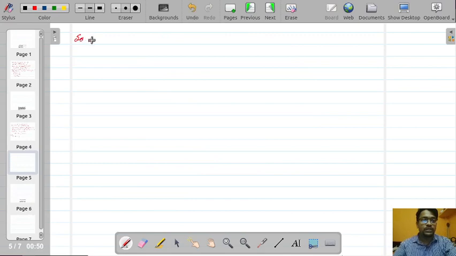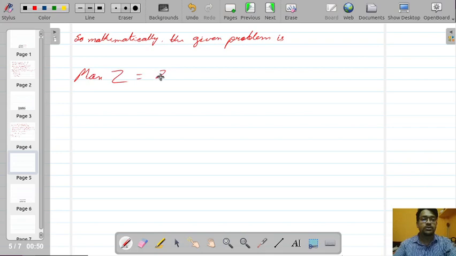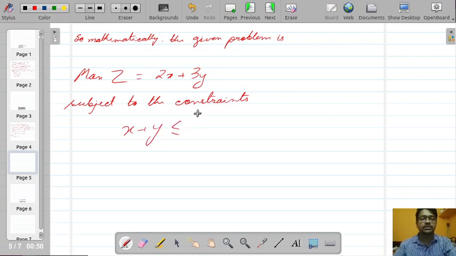So how will you formulate it mathematically? The given problem is: maximize Z equal to twice x plus 3y subject to the constraints or restrictions x plus y is less than or equal to 360, and twice x plus y is less than or equal to 600, and x, y greater than or equal to 0.